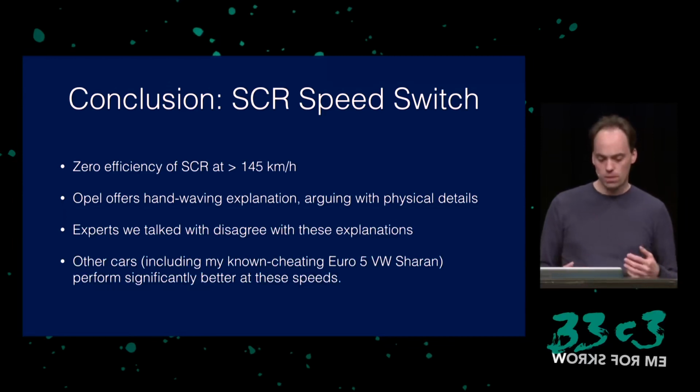Most of them disagree with these explanations. But more importantly, other cars, including my Volkswagen Touran, which is a Euro 5 car, so one generation older, and is known to have a defeat device, perform significantly better than this car.